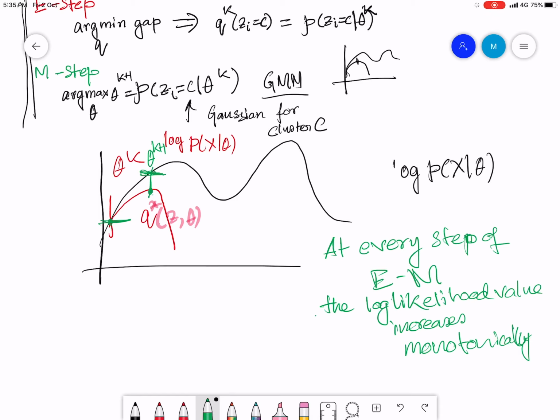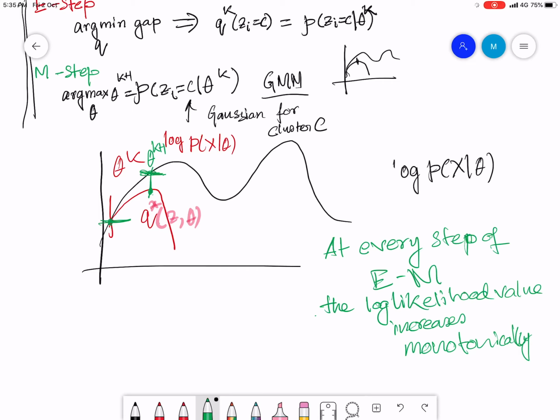I request you to follow the steps of this algorithm exactly for the Gaussian mixture model. The E step is easy, assuming the Gaussian mixture model. In the M step, the argmax with respect to theta, you have to take the partial derivative of P of z_i equal to c given theta. You know that function; it is a known closed form expression for the Gaussian.